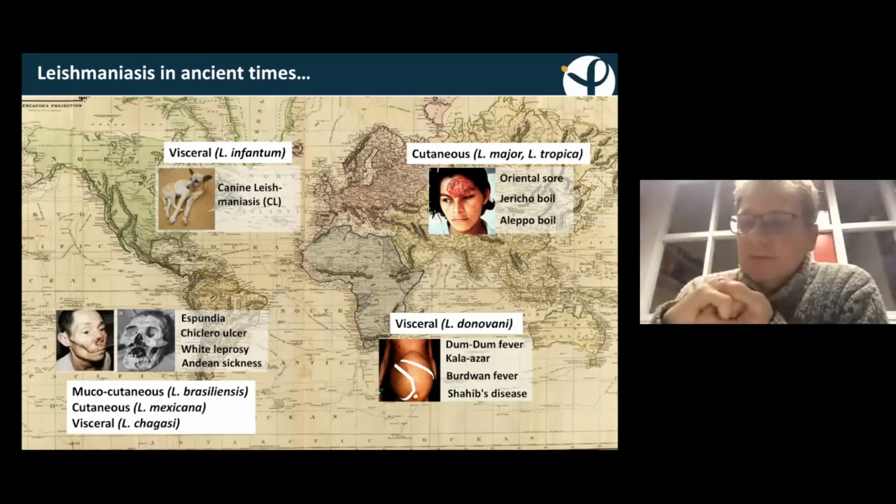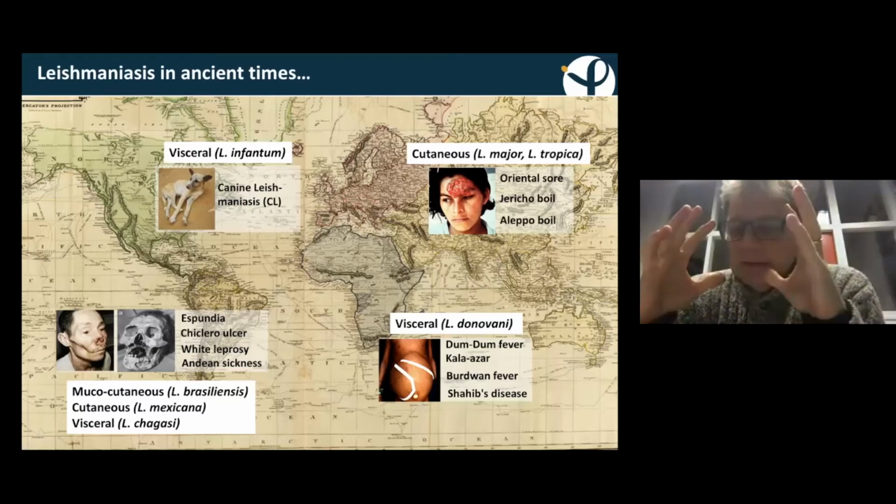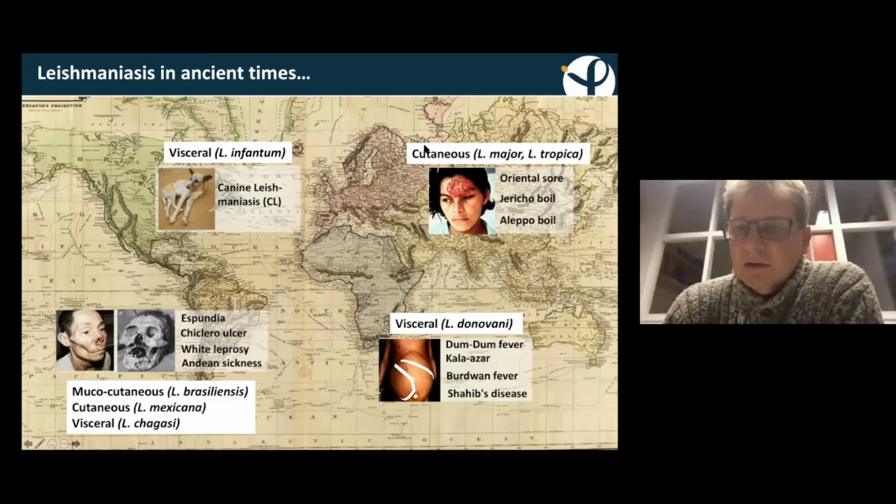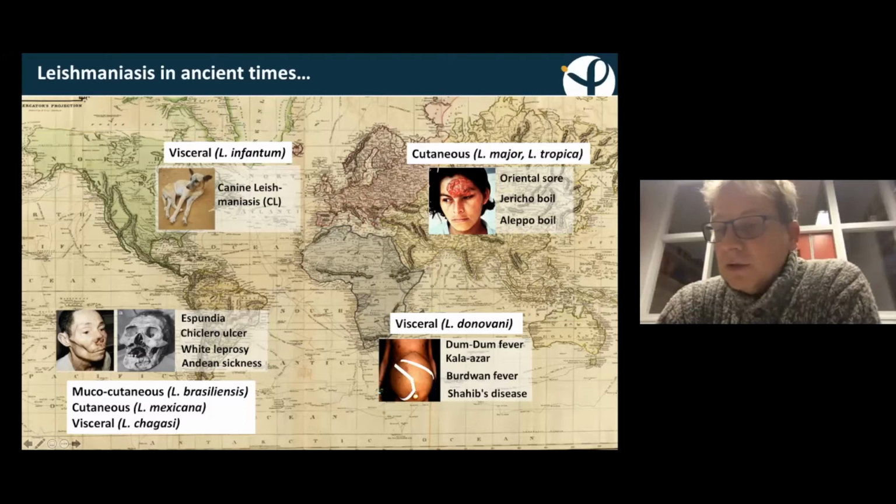I just want to give you a little bit more feedback on Leishmania. As you've seen before, we distinguish different pathologies, and these different pathologies are, first of all, geographically localized, and they're also linked to different types of Leishmania parasites. So you have, for example, here in the Middle East, cutaneous Leishmaniasis, which gives you the skin lesion, which is caused by these 2 different types of Leishmania, major and tropica.